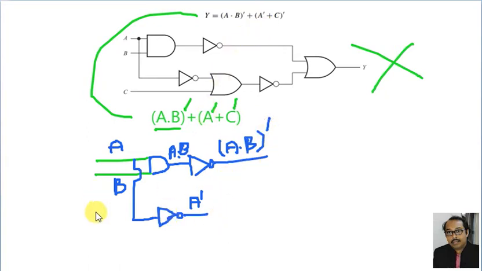Okay, next one is C. Okay, there is no C, so what I need to do? I need to add, okay, there is a mistake. This is the NOT. Now I need to add this one. So this is C. Now this is A bar plus C.